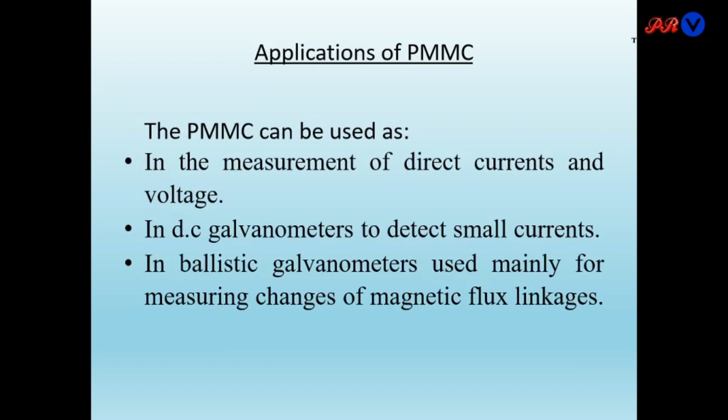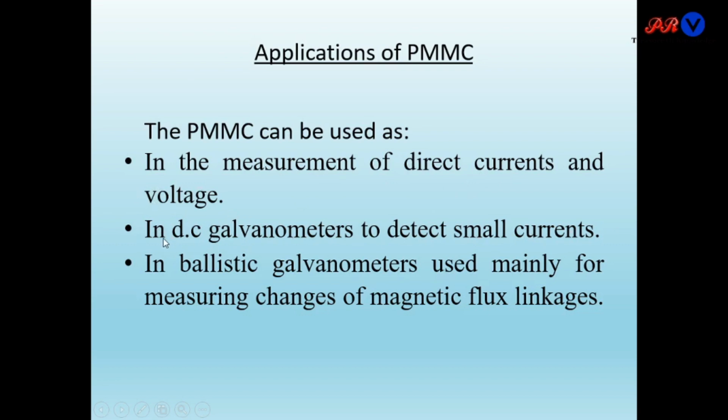Applications of PMMC. PMMC is a very important instrument in measurement. Now we will see the applications of PMMC in the measurement of direct currents and voltages. It is used for the measurement of DC current and DC voltages. In DC galvanometer to detect small currents.